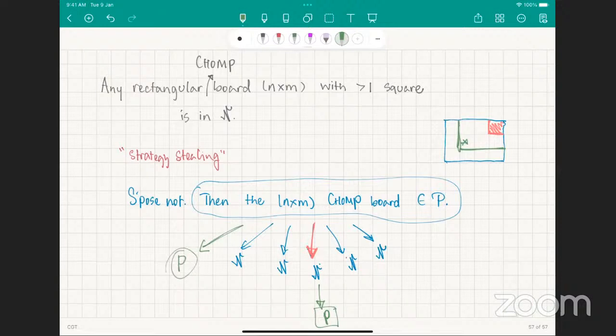So essentially, the reason this is called a strategy stealing argument is to say that, well, I'll be able to make a move in the first step, which is such that whatever move you make to win the game from here, after I've made my first move, is a move that I can actually replicate myself in the very first step. And whatever plans you have from here, whatever reason that this is P, because these two are exactly the same state, this whole game tree is also available to us here.